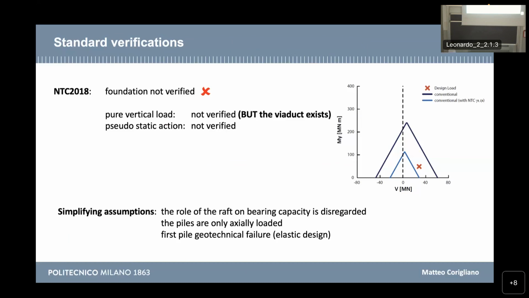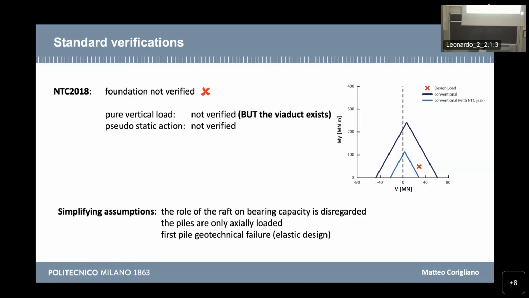And this is nonsense because the bridge actually exists. So why, if we verify, do we find that the action is higher than the resistance? This is due to the simplifying assumptions made.